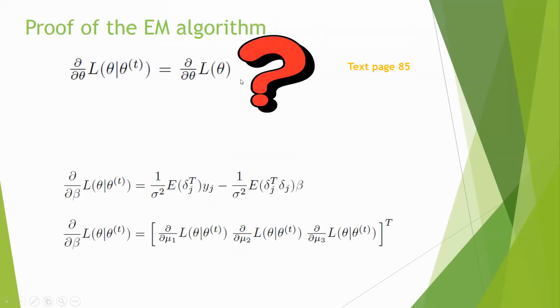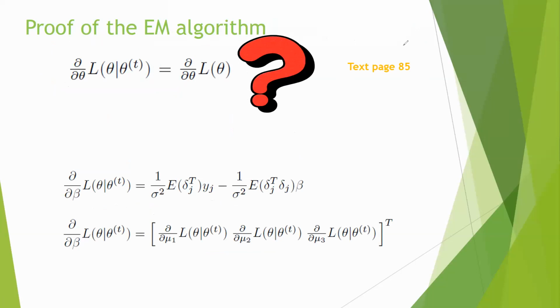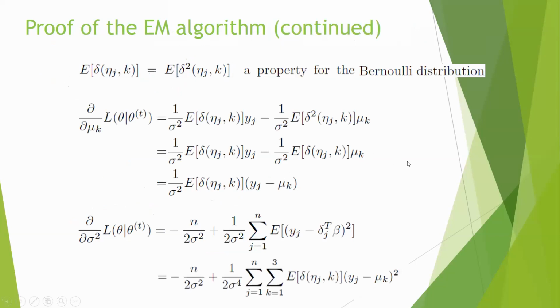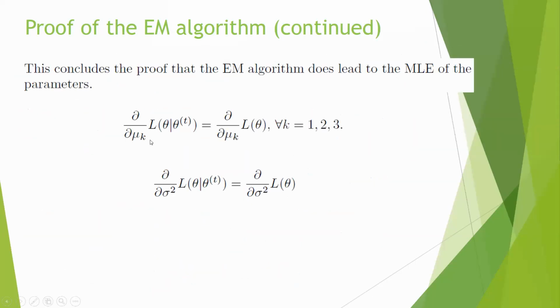And then, how can we prove that using the EM algorithm, the solution will be identical to the solution when we have the complete data? So we need to prove if this equals to this. This is very complicated. I just quickly go over this with you. If we just follow this derivative, you can easily show the two things have the same solution here.